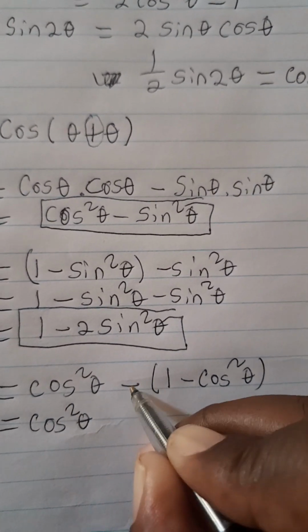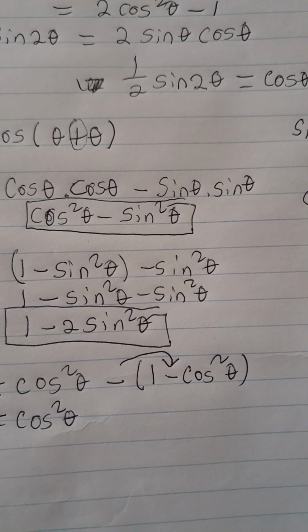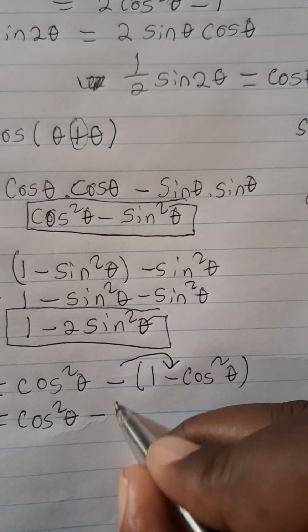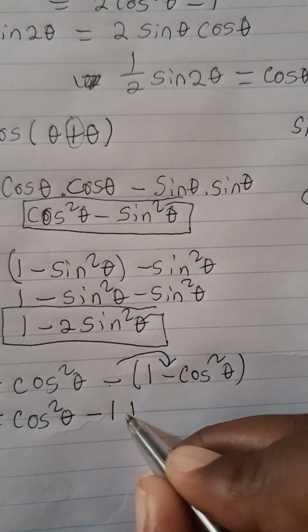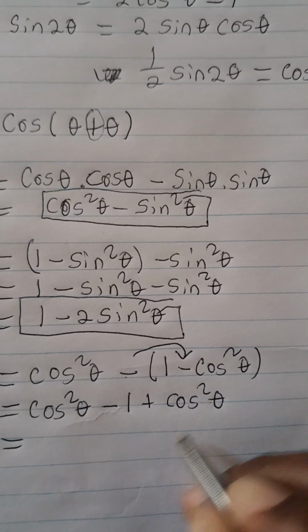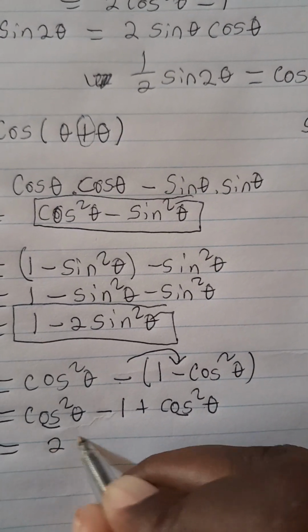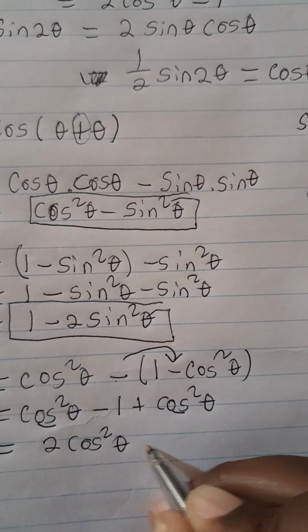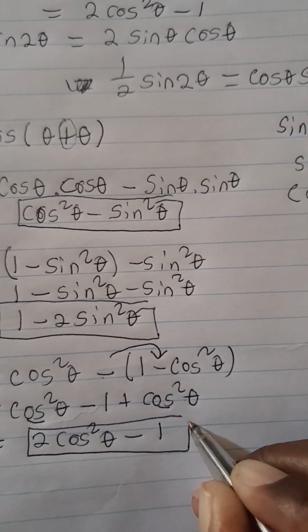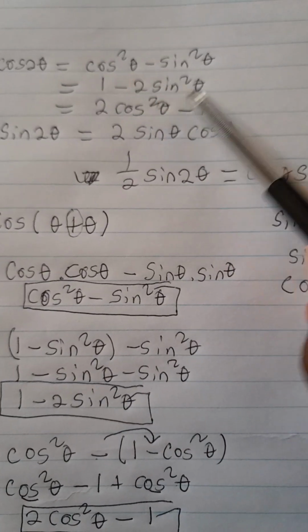This negative will multiply everything inside. Negative 1 times 1, that will be negative 1. Negative and negative, that will be positive cos squared theta. The like terms, cos squared plus cos squared, will give us 2 cos squared theta minus 1. So this is how they derived the three identities of cos.